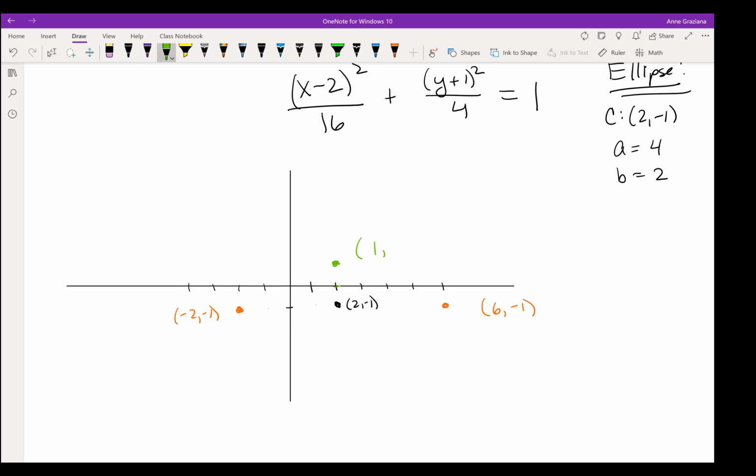I'm sorry, I don't know why I put 1. This should be a 2. On the y, I went down 2, so this is -3. Okay, is that okay? And then my ellipse is going to look like this.